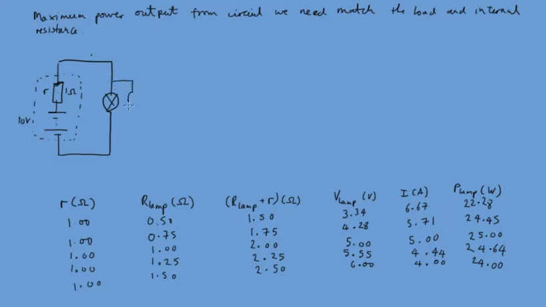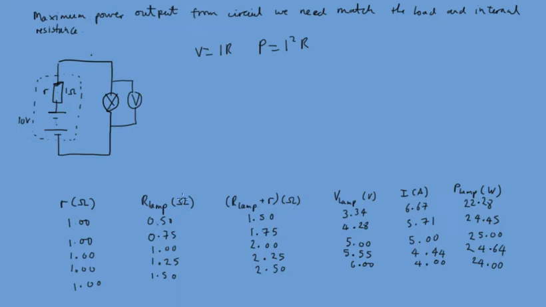If we were to put a little voltmeter here, this would be the readings you would get across the lamp as the resistance over the lamp increases. So we can then use the voltage of the lamp using V equals IR, and we can calculate the current in the circuit. And we can also use one of our equations for power, I squared R, to give us the power in the lamp.